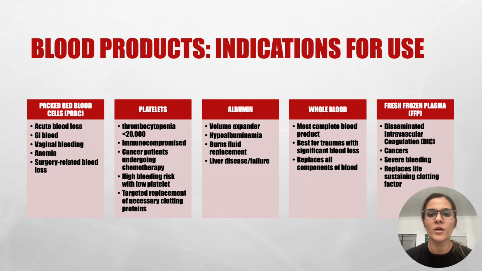And then you have your fresh frozen plasma. What do we use that for? It's packed with proteins and vitamins that support your health. So patients that really don't have that available to them, like your cancer patients, any severe bleeding that has depleted all of their proteins, plasma can really help sustain their clotting factors.